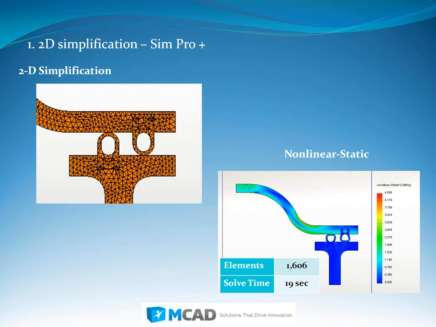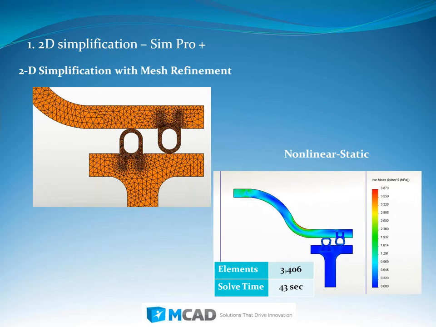So now switching over into the 2D simplification for this nonlinear static study, now we're solving something with a pretty good representation of the geometry in about 20 seconds. Taking that one step further, where we get some really good refinement, the kind of refinement that we would expect to want to have for these types of thin members, the seals in particular.